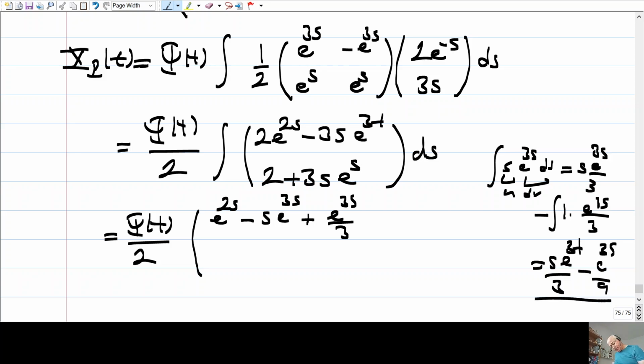Minus 3 times this gadget, minus s times e to the power 3s, and then plus e to the power 3s over 3. All right, and then the integral of 2 is just 2s, plus the same thing with the minus sign, so it is s times e to the power 3s minus e to the power 3s over 3.